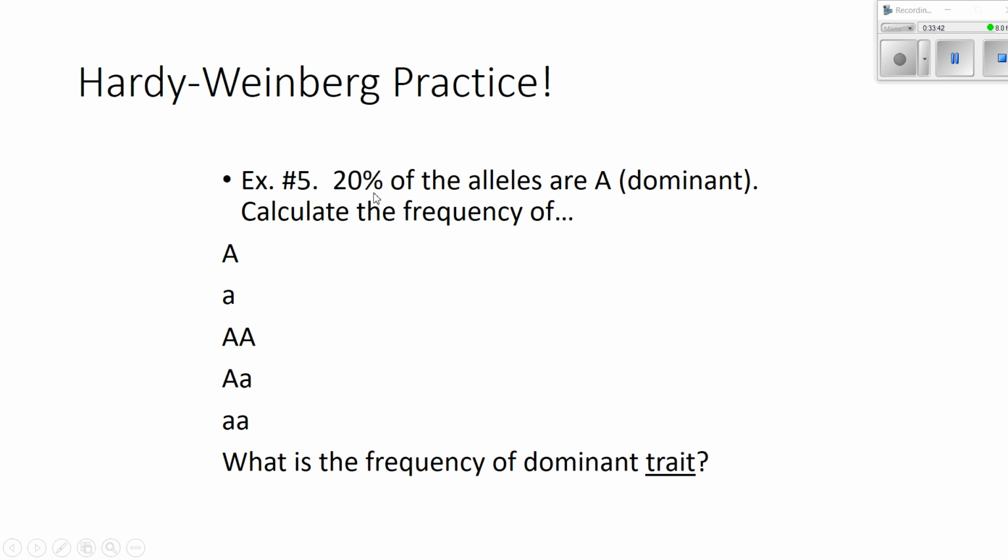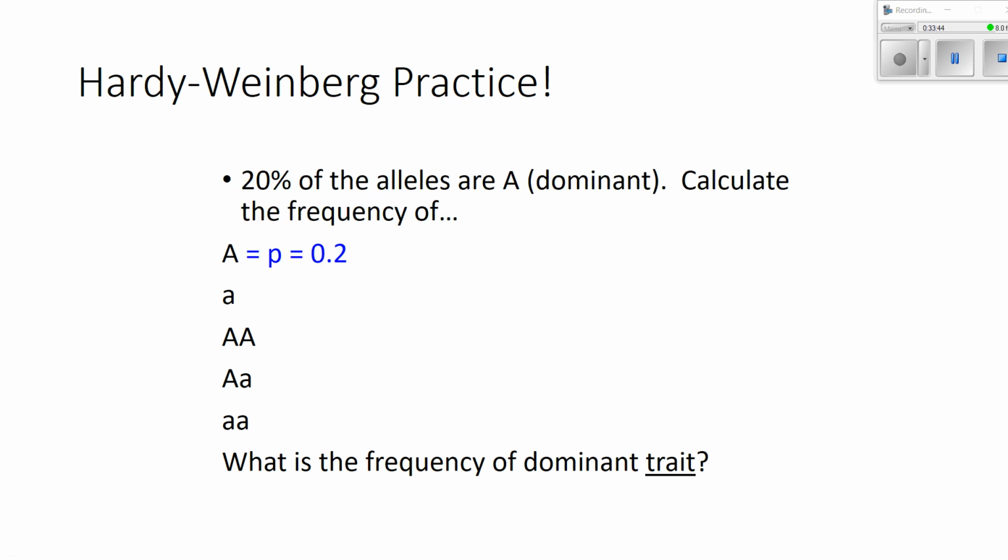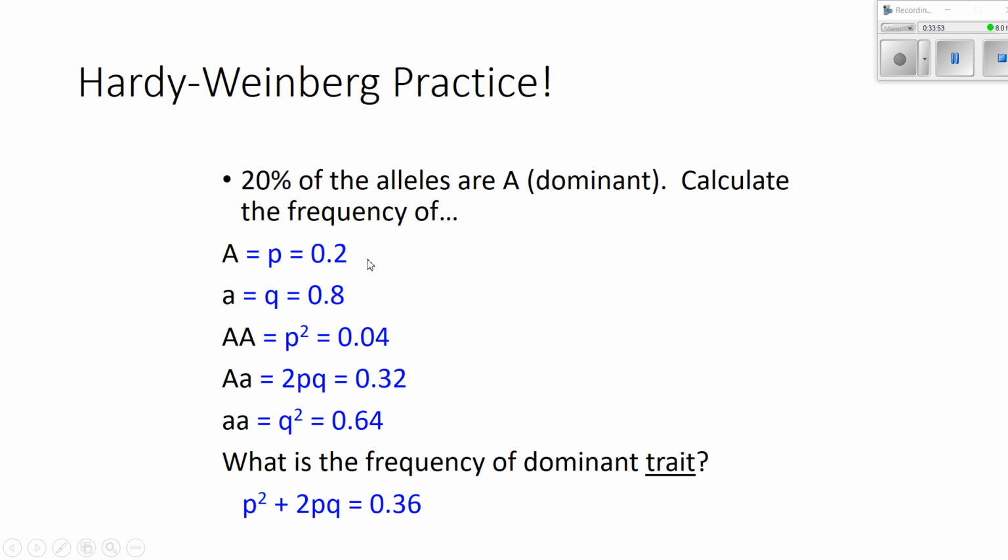So they gave me P, and 20% is 0.2. That's the frequency of the dominant allele. 1 minus that is 0.8, which would be the frequency of the recessive allele. Everything else is based off of those 2 numbers.